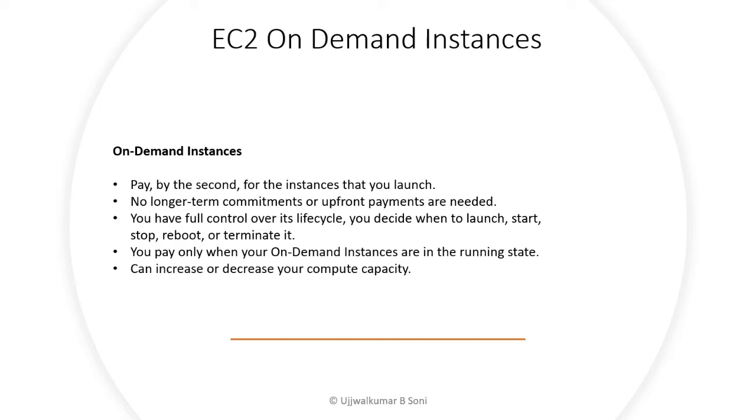You pay only when your on-demand instances are in running state. So let's say if your on-demand instance is in stopped state, then you won't be charged for that. Only when it's in running state will you be charged. You can increase or decrease your compute capacity, so there is no commitment for the compute capacity needed.